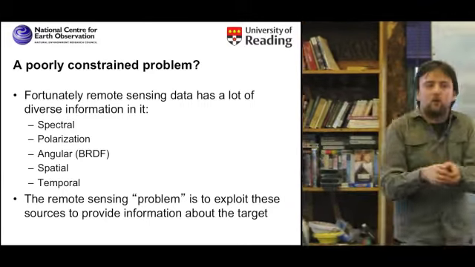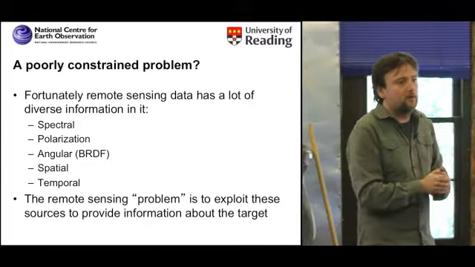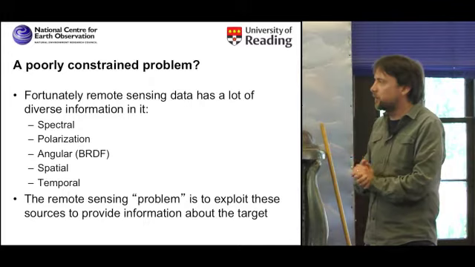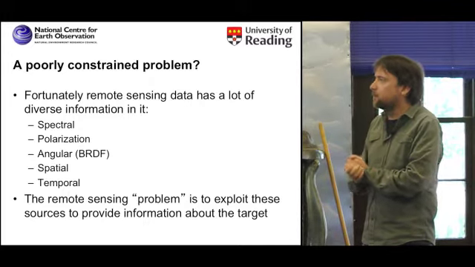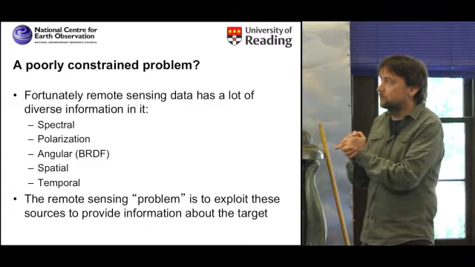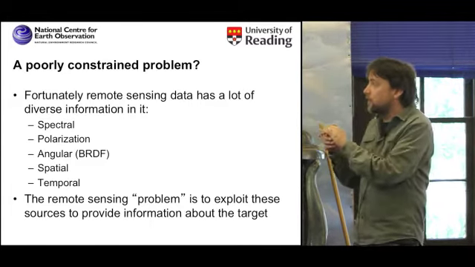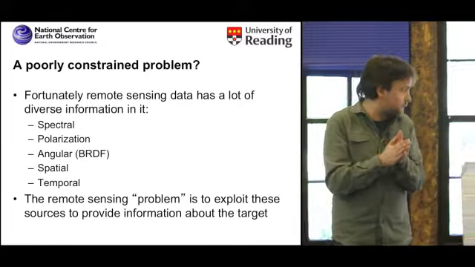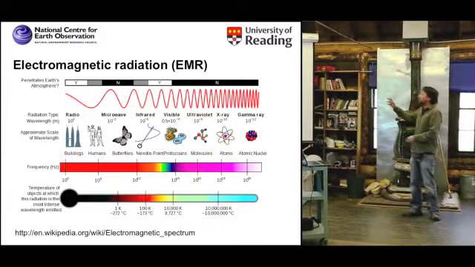And then, more obviously, we have spatial and temporal information. That might sound almost trivial, but there are some important things you can do with that. The remote sensing problem then is to exploit those sources of data to provide information about the target.